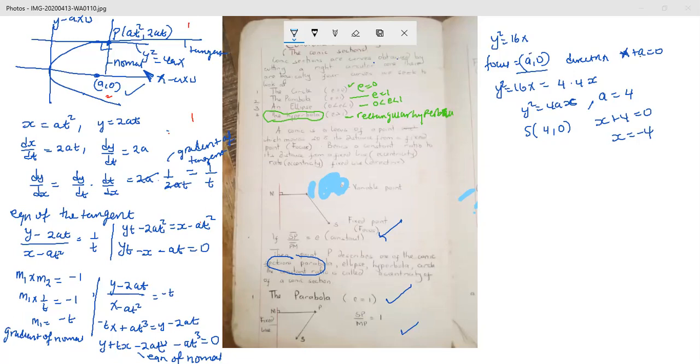So when I have an equation like y squared is equal to 16x, split it and write it in this form with a 4, then whatever is in the middle between 4 and x would imply it is the value of a. So according to this equation, a is equal to 4. Okay. So you can have that down.